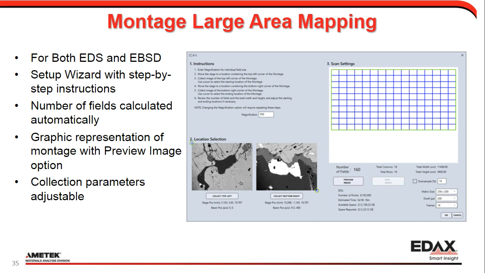Matrix size, dwell time, and frames can be adjusted to complete the setup wizard. The time duration estimation and required disk space will be updated accordingly. After this setup wizard is finished, you can simply click on the connect button to start the mapping process.